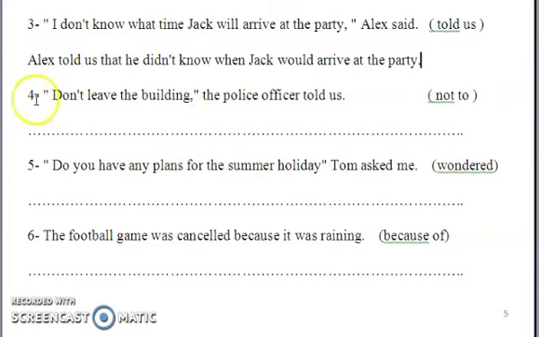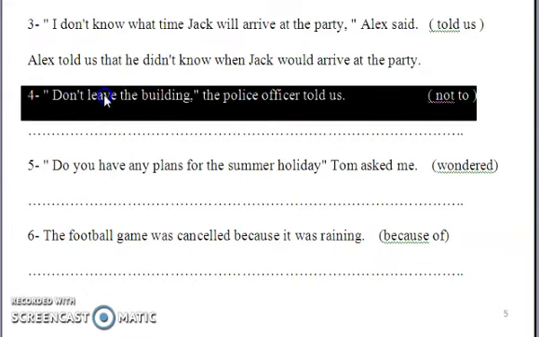The next question, number 4. Don't leave the building, the police officer told us. Use not to. Here I have a reported order. And in the reported order, I use to or not to join the two parts. If I have an order like open the door, I use to. If I have a negative order like don't forget your homework, I use not to.